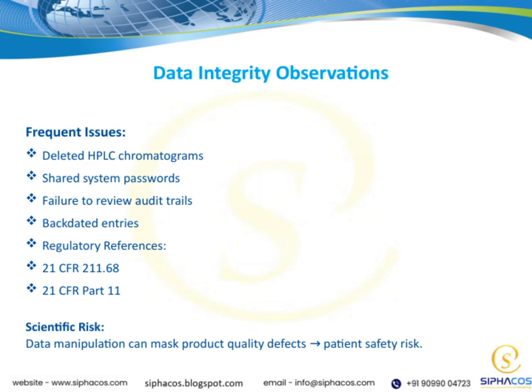From a scientific risk perspective, data manipulation, whether intentional or accidental, can mask defects in the product. This means a compromised data set could hide real quality issues, leading to unsafe or ineffective products reaching patients. So, maintaining data integrity isn't just a regulatory requirement. It's vital for protecting patient health and ensuring trust in our products.